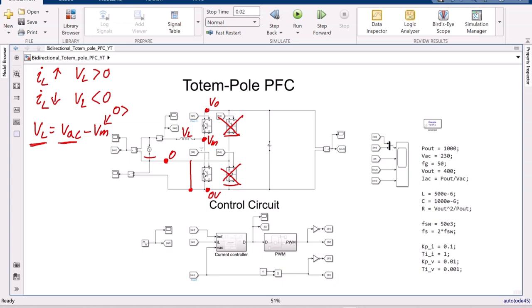And this means that IL will always be falling. So therefore, we will not be able to make the current rise when the voltage is negative. So basically the controller wouldn't work if we didn't have the slow legs.